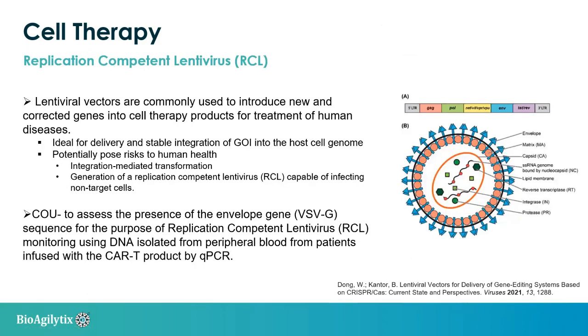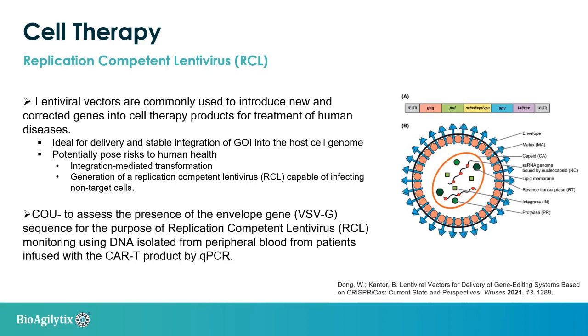So my colleague Shashin already went through the basics of RCL and RCR testing in the CMC environment, but what I wanted to mention here is that patient monitoring for RCL and RCR is also performed in the bioanalytical setting, and especially where lentiviral vectors are used to introduce transgenes into the cell therapy.